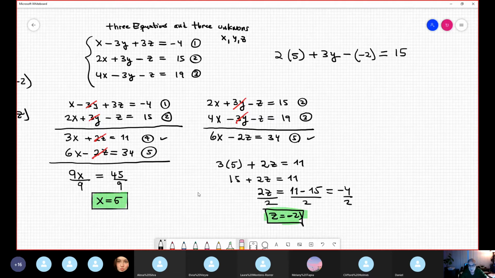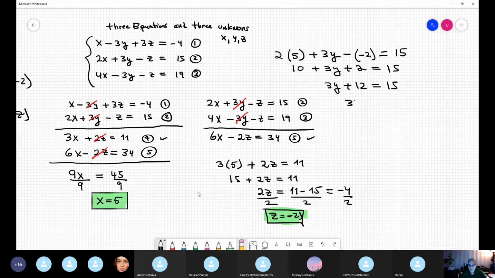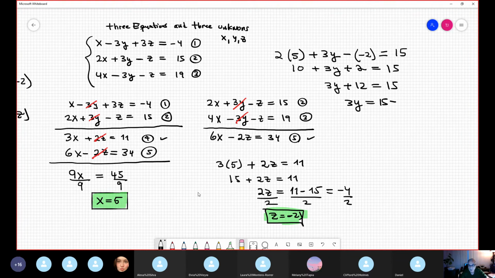So 10 plus 3y plus 2 equal 15. Now combine 10 and 2 together is 12, plus 3y equal 15. And 3y is equal 15 minus 12 is 3, no? Divided by 3, divided by 3, y equals 1.